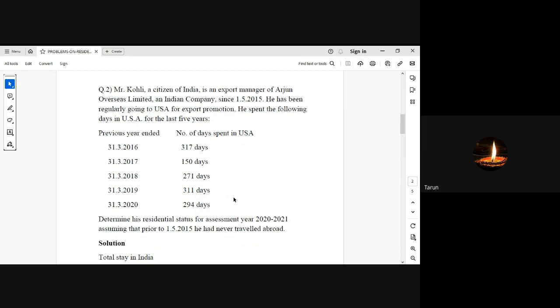Determine his residential status for assessment year 2020-21, assuming that prior to 1st May 2015 he had never traveled abroad. That means since 1st May 2015, before that, he never traveled abroad.